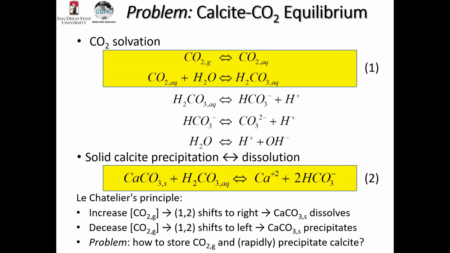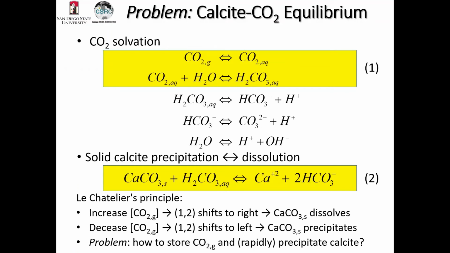Well, what's happening is, if you consider Le Chatelier's principle, if you increase CO2 gas, then reactions 1 and 2 shift to the right. So stored solid carbon in the calcite dissolves, right? That acidic front hits. You have solid phase calcite. You've stored this carbon, which is what you want.